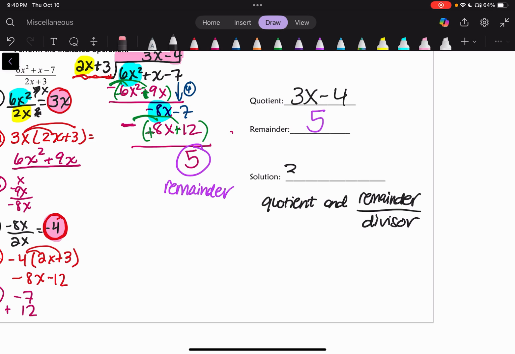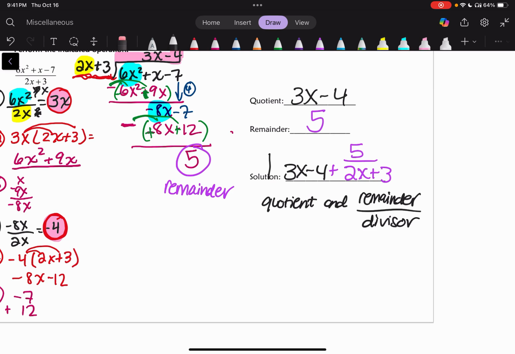So I have this 3x minus 4 plus 5 over, and I gotta double make sure, what is my divisor? Well, your divisor's right here. That is going to be 2x plus 3. And that is your final answer.